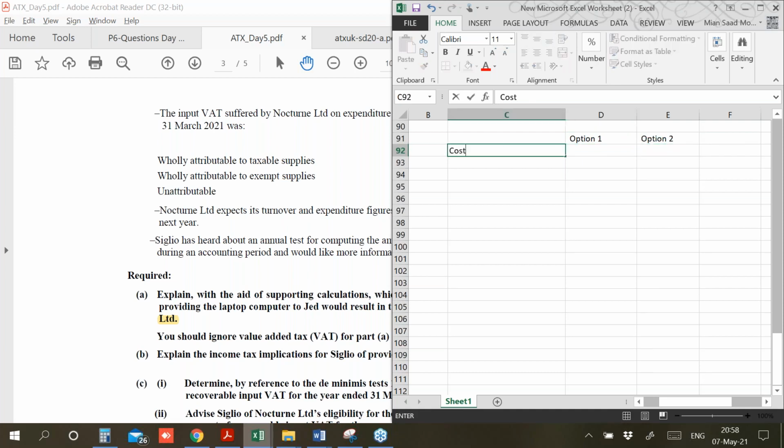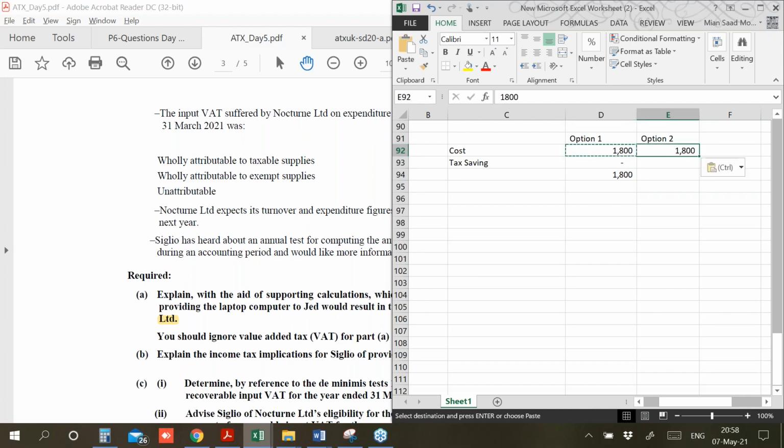You can write cost for the company, that is in option 1 it will cost the company 1800, and then you can write tax saving. In option 1 there will be no tax savings because the company has bought the laptop and given it to Jet straight away, so no capital allowances, so no tax saving to the company. In the second, the cost will obviously be the same, 1800, because the laptop will be the same in both options.